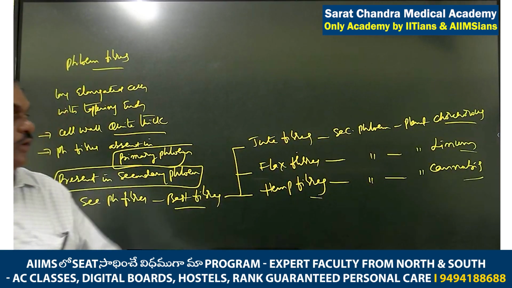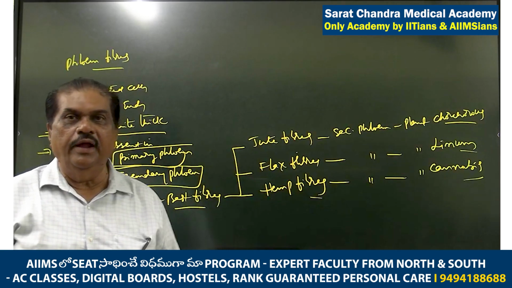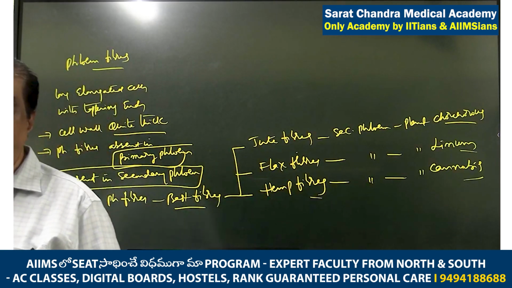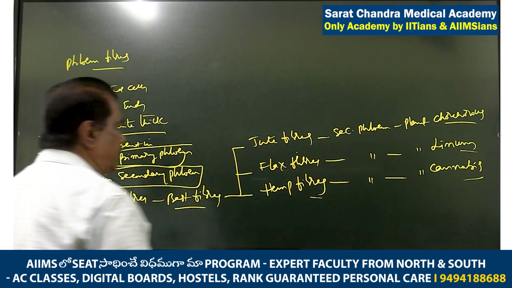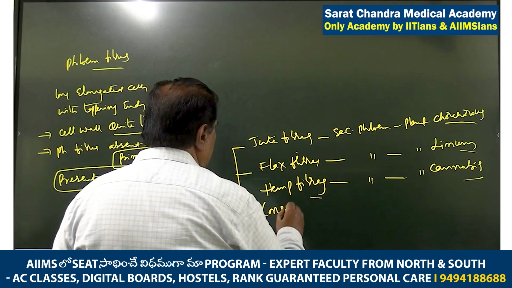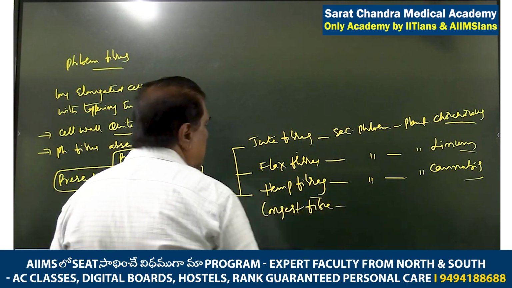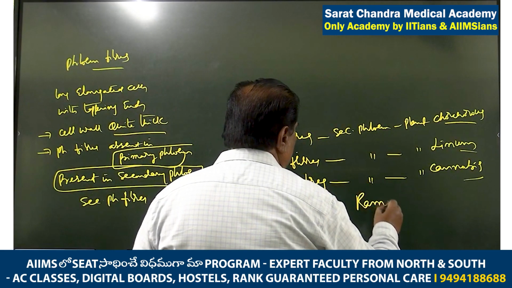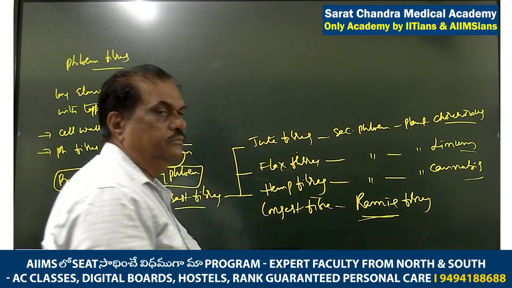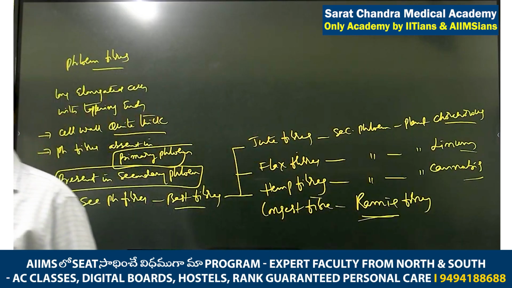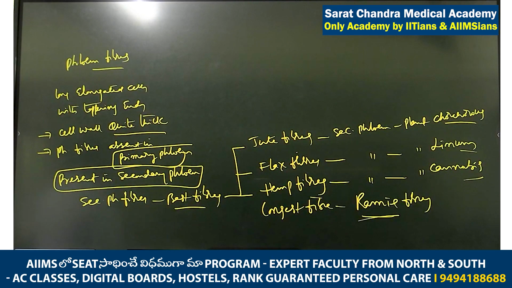Examples: jute fibers, flax fibers, and hemp fibers. The longest fiber is ramie fiber.